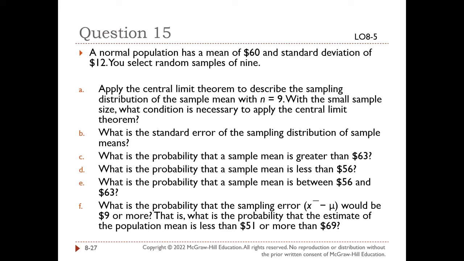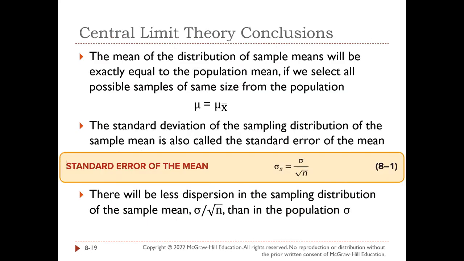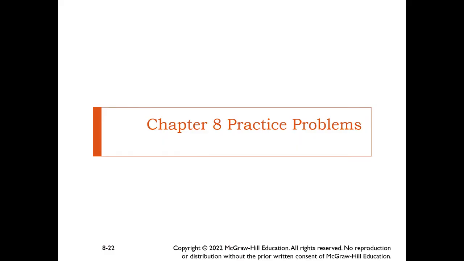All right. So let's go ahead and get our formula for Z. Remember what that was? All the way back here. So it's going to be a sample mean minus mu divided by our sigma divided by square root of n.